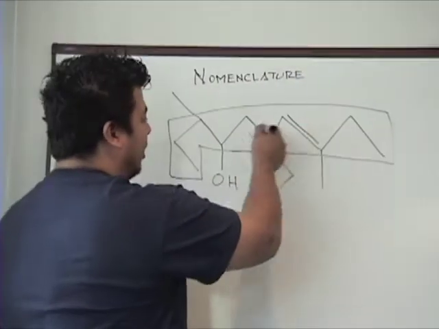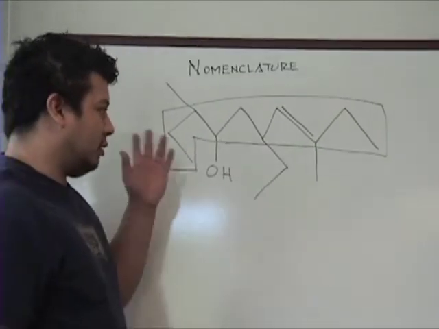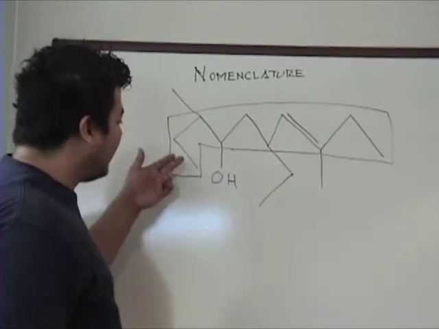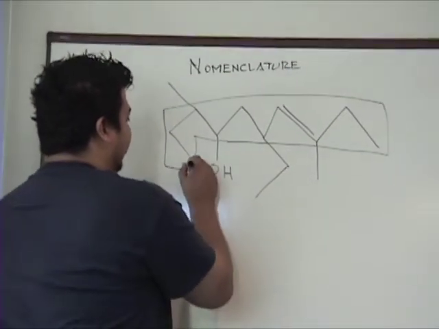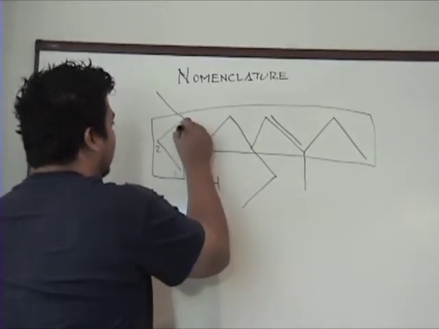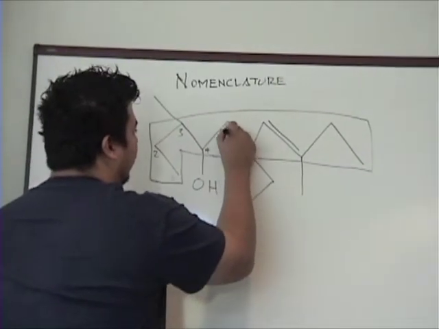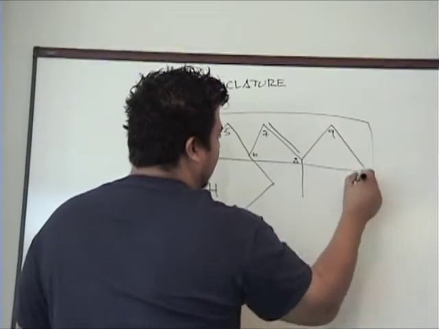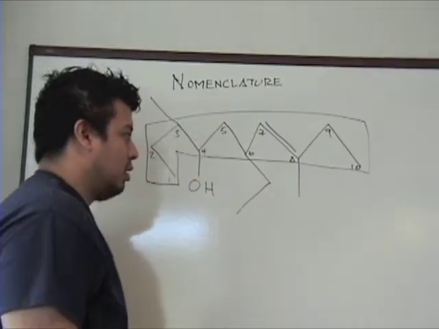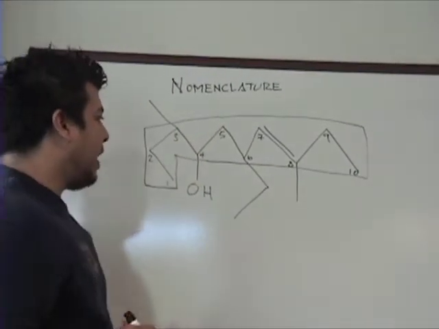If I start from here, it's obviously going to be a ridiculous number. If I start from here though, it's going to be 1, 2, 3, 4. So I'm going to start from here. 1, 2, 3, 4, 5, 6, 7, 8, 9, 10. Okay, so that is my parent chain.